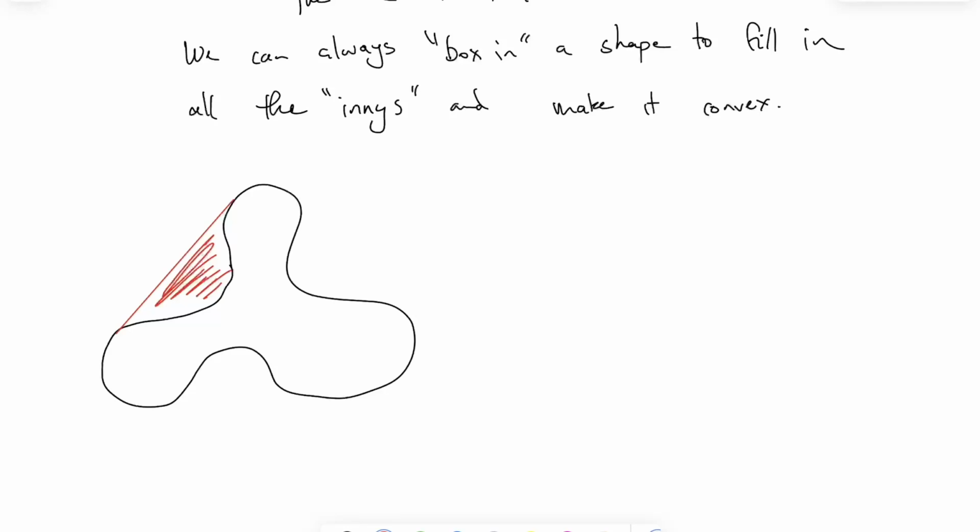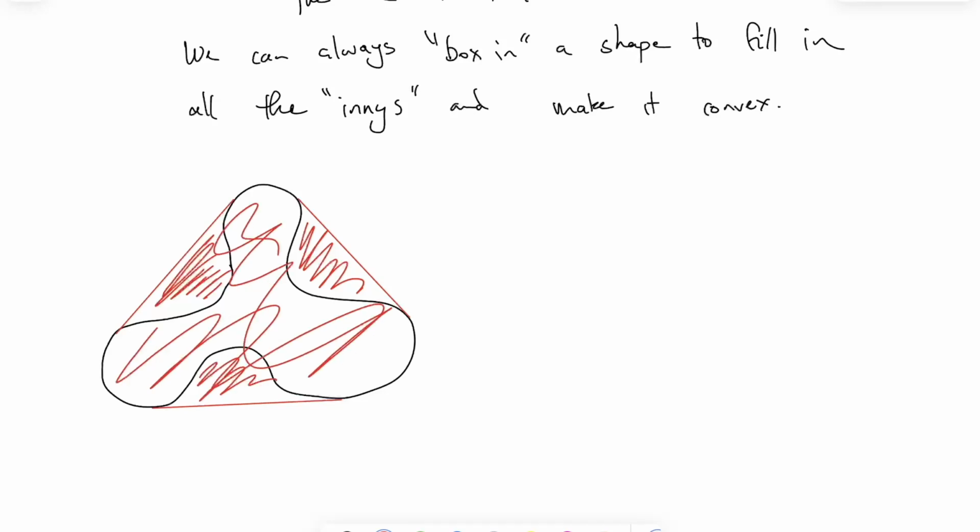If you, using a straight line, go across and fill in that whole innie, and I could fill in the one on the bottom and the one on the other side, then the whole thing would be convex. I would do so by making a straight line down here and also a straight line over here. Fill these in, and of course also take the original shape. And now this whole thing is convex.